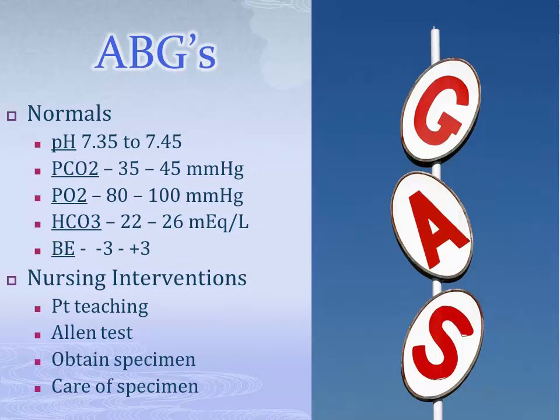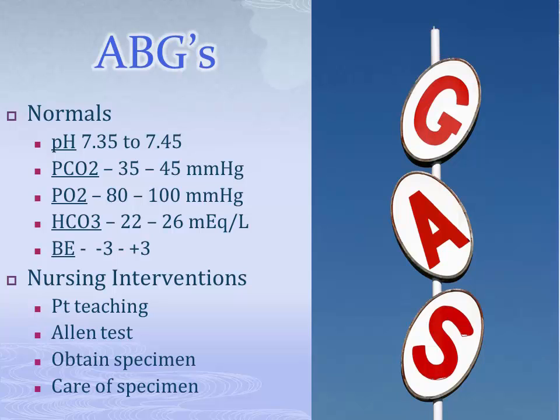So how do we measure it? How do we know that our patient has acidosis or alkalosis? Well, obviously we can look at symptoms. We can tell if the patient has the potential to be going into or out of one. We can think about what's going on.